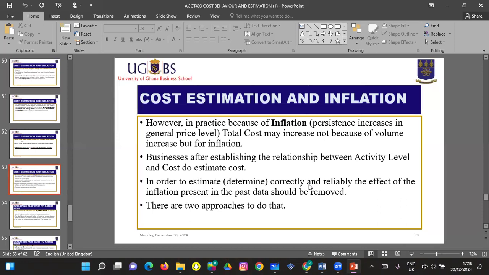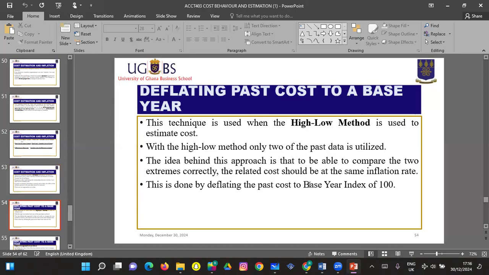However, because of inflation, total cost may increase not because of volume but because of inflation. Businesses have established a relationship between activity level and cost to estimate cost. In order to estimate correctly and reliably, the effect of inflation in the past data should be removed. There are two approaches to do that. The technique is used when deflating past cost to a base year.